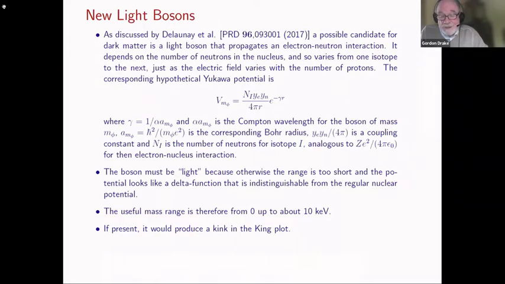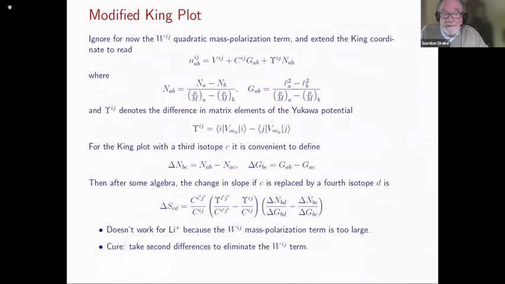So the useful mass range is therefore from 0 up to about 10 keV. And if present, it would produce a kink in the King plot if all the other effects have been properly taken into account.